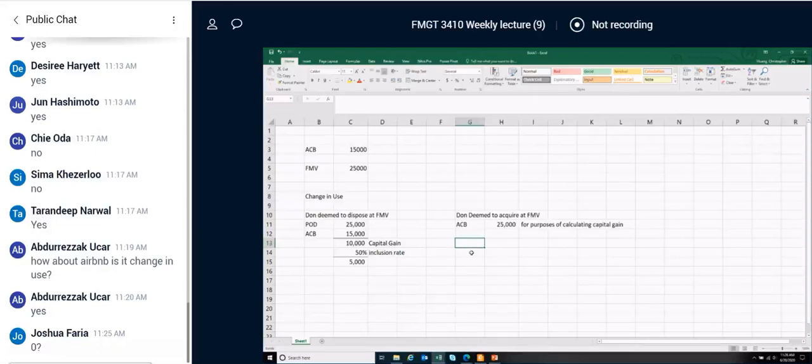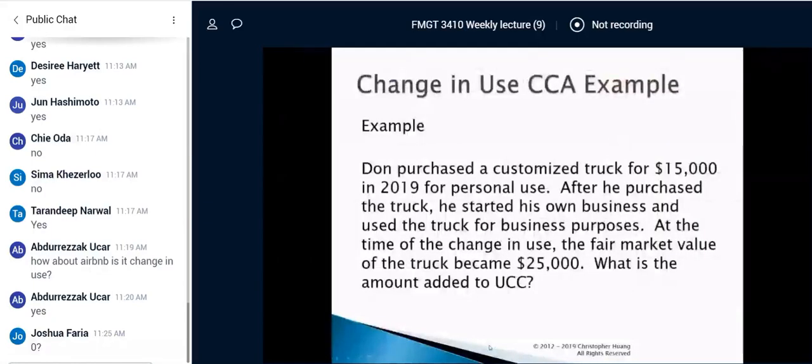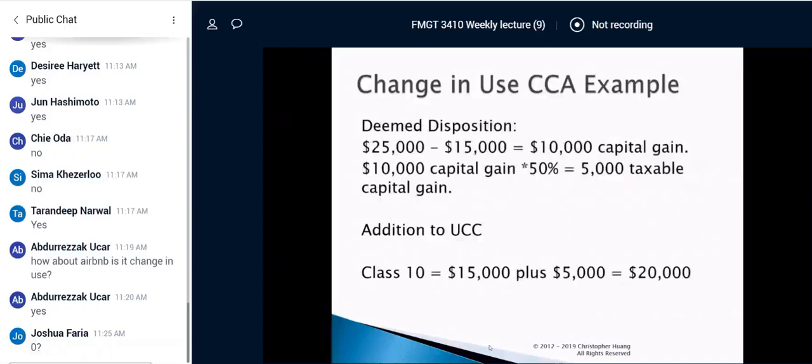Okay? So the government said, guess what? If capital gain is only 50% taxable, what are we going to do? We are only going to add the taxable portion to UCC.